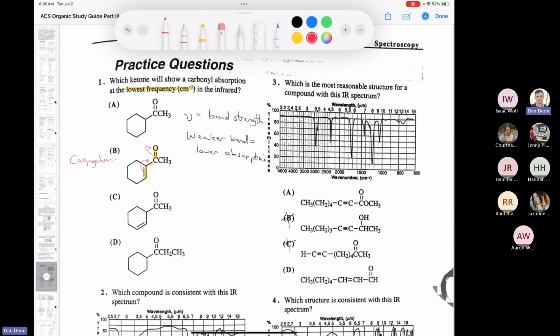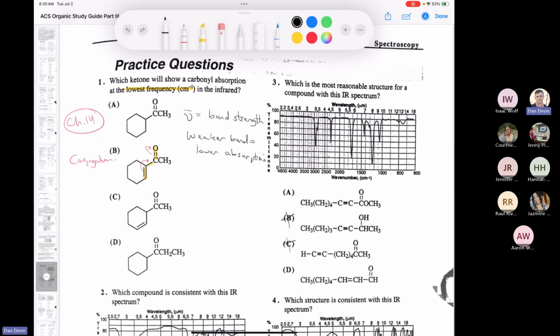Give me a thumbs up if you're with me on that. That's something that we covered again in chapter 14. If you look at the formula that we went over for wave number, it's this thing here.